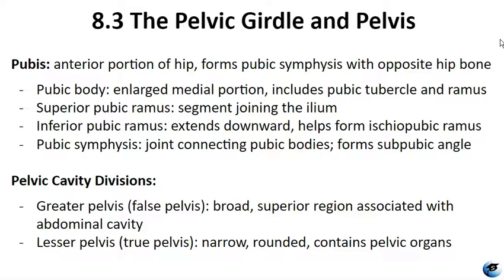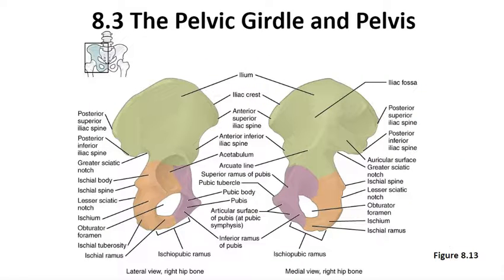Figure 8.13 shows these three regions of the adult hip bone: the large fan-shaped ilium, the posterior inferior ischium, the anteromedial pubis, and other features like the iliac crest, the ischial tuberosity, and pubic symphysis. These landmarks serve as attachment points for muscles, ligaments, and tendons, and they play essential roles in hip stability, motility, and biomechanics.